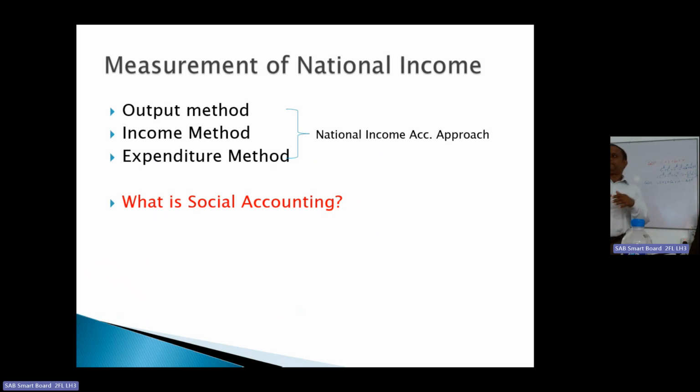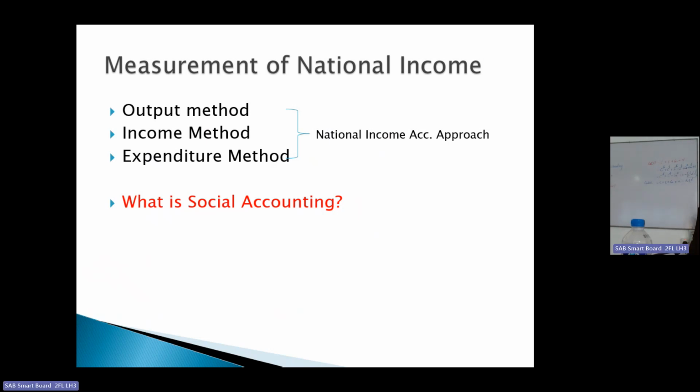In the production process, what are the inputs we operate, and what are the outputs generated through the process? By analyzing the input and output, there are input output tables. And the other one is the national balance sheet approach. The balance sheet means assets and liabilities. By taking the national level, both assets and liabilities, we can measure the output.